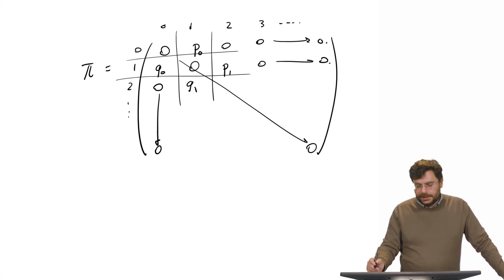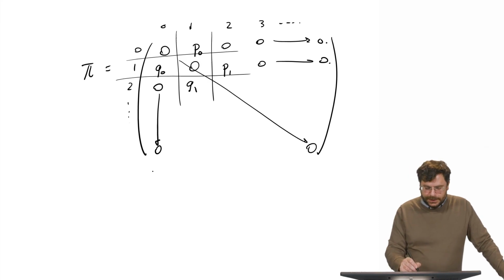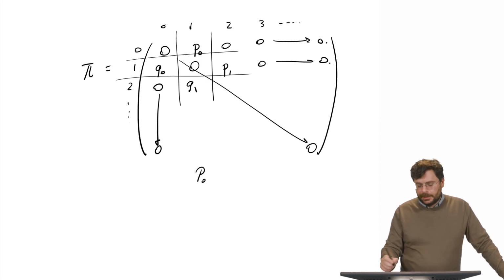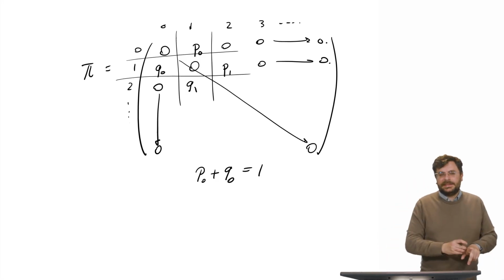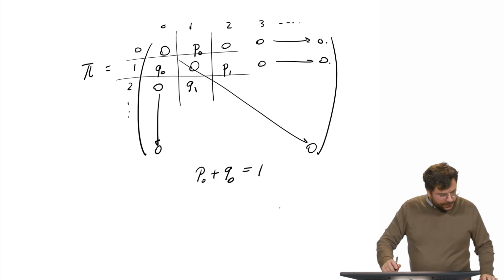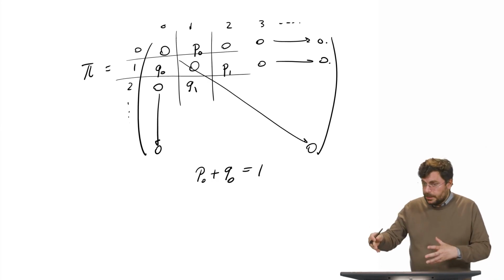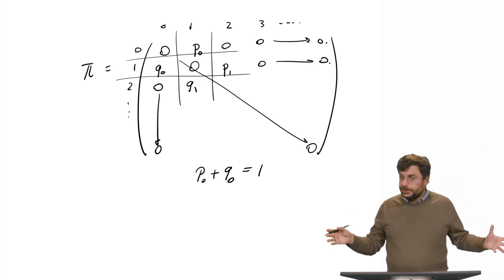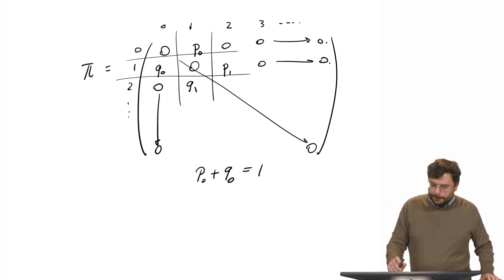Now, one thing immediately that's important to point out is that my probability of adding a member or the probability of removing a member, if I'm starting off from state 0, is equal to 1. That's equivalent to saying either I add a member or I remove a member, but those are my only 2 options. Right?